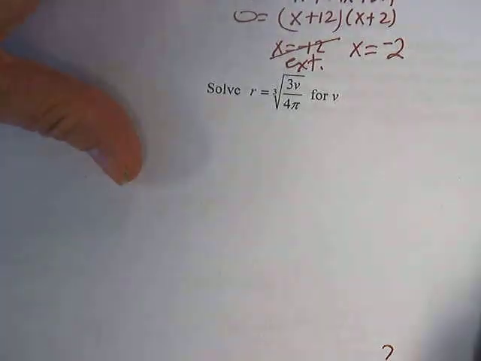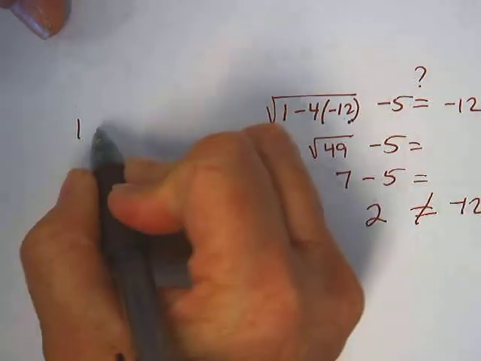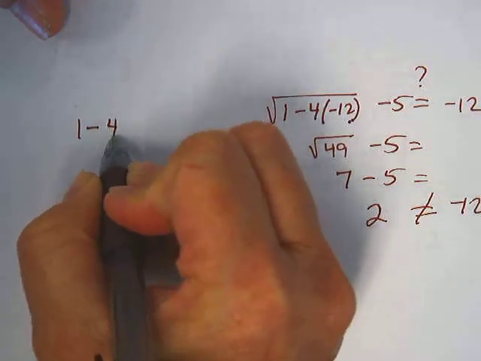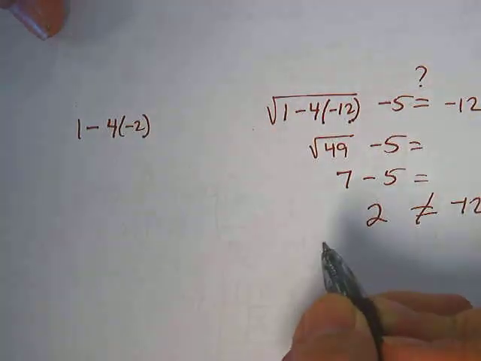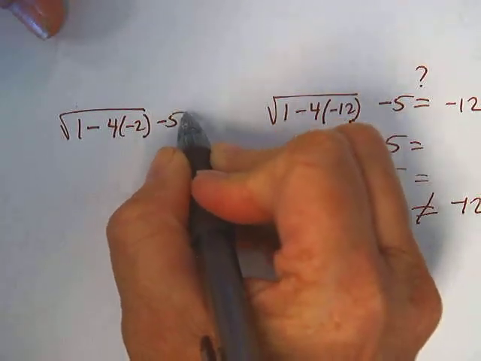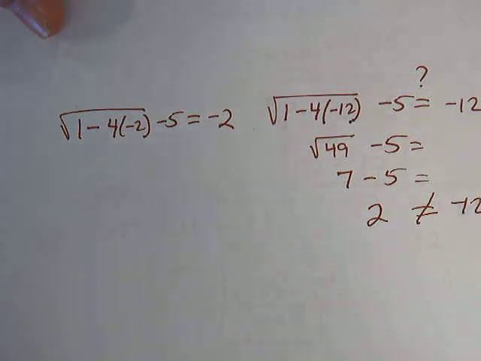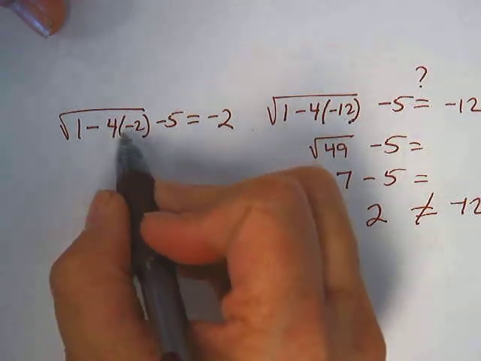So extraneous. So let's try the negative 2 now. And again, I'm going to do this down here on the bottom of the page. So 1 minus 4 times a negative 2, square rooted, minus 5, does that equal a negative 2? Okay, let's take a look.